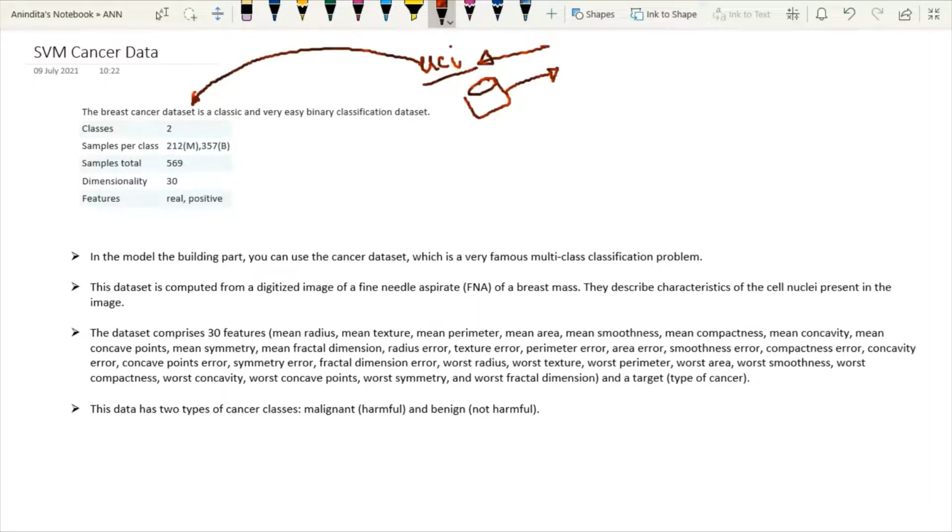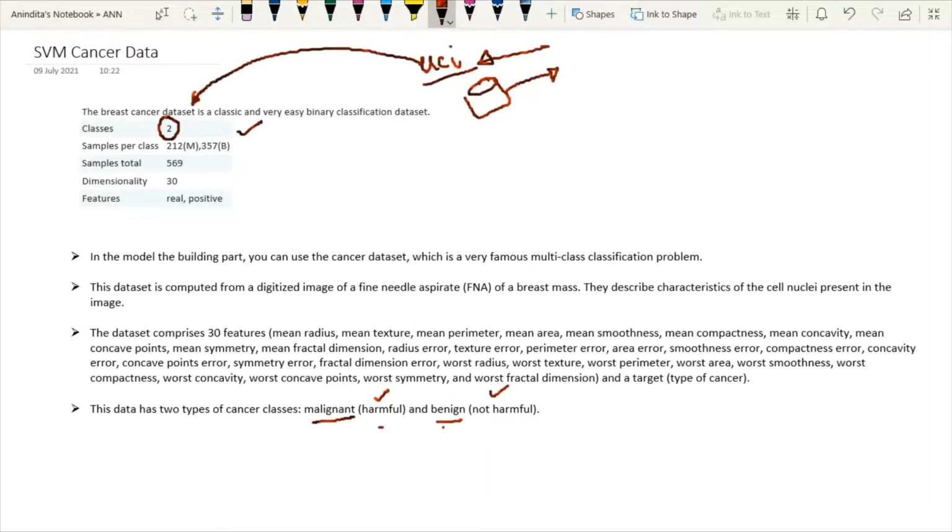So the first thing, we have to identify how many classes there are. By viewing the metadata or the dataset description, I have identified that we have two specific types of classes for this dataset. One is known as malignant, which is harmful cancer, and the second class is known as benign, which is not harmful.